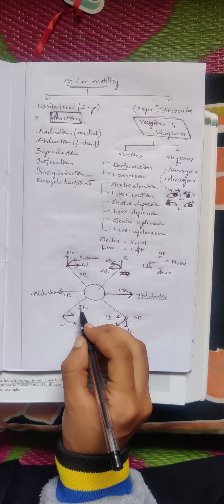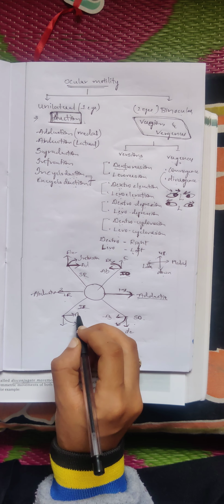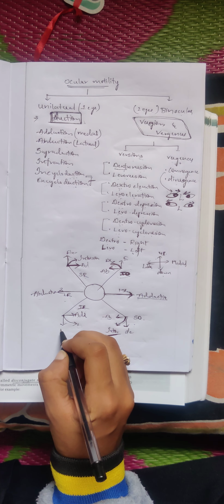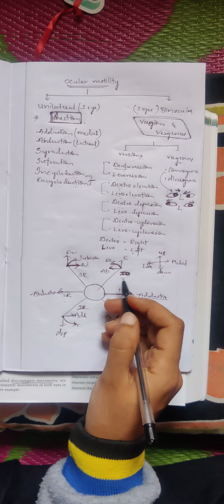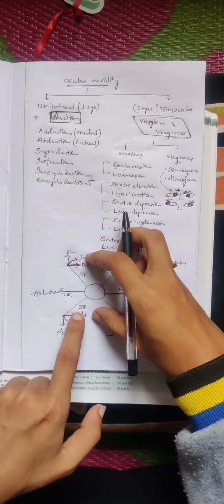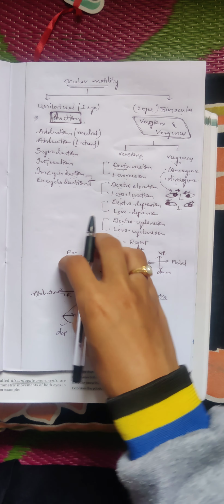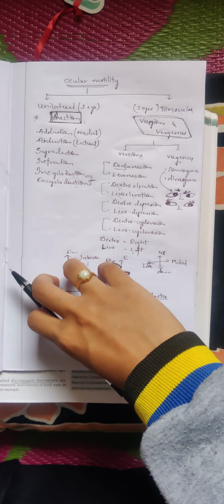And here inferior rectus, it is adduction, and it is depression, and see, this inferior oblique moving this way, and the inferior rectus also continues in the same direction. Maybe the arrow marks are different, but rotation wise they are the same.